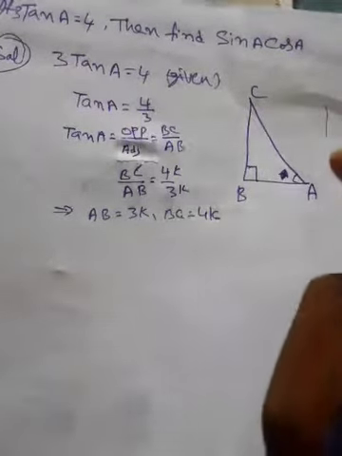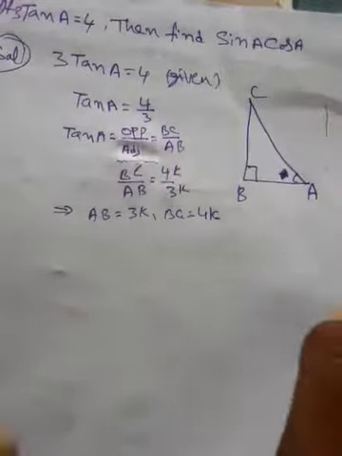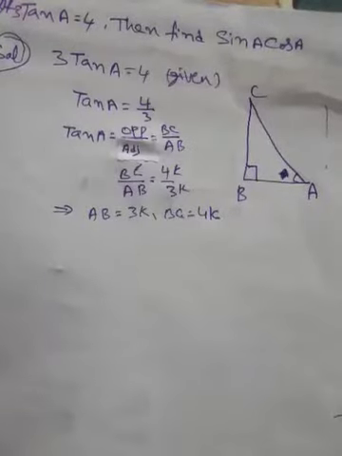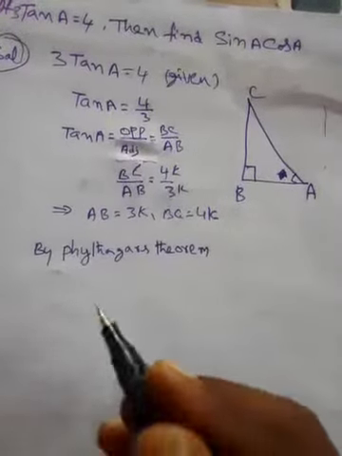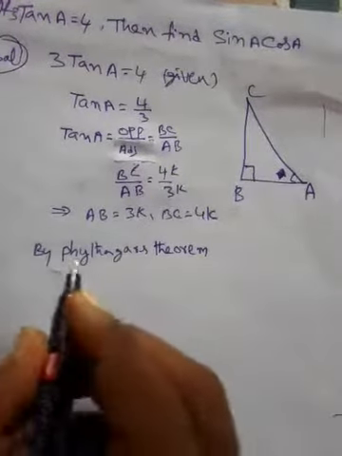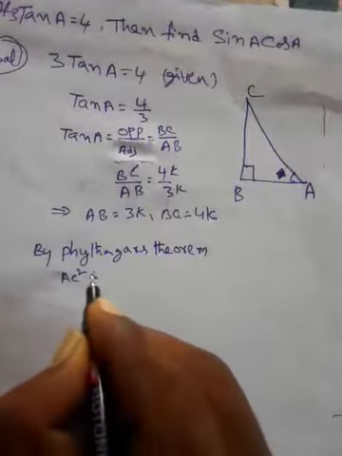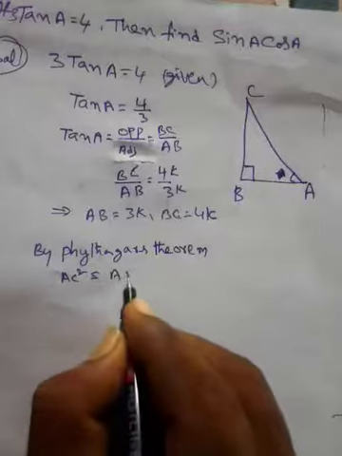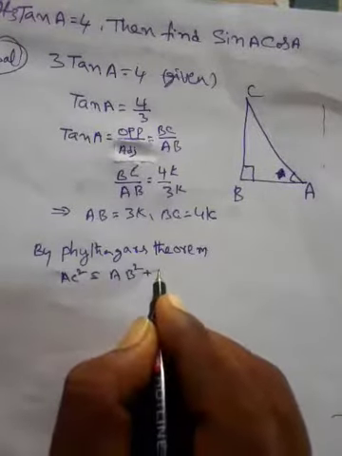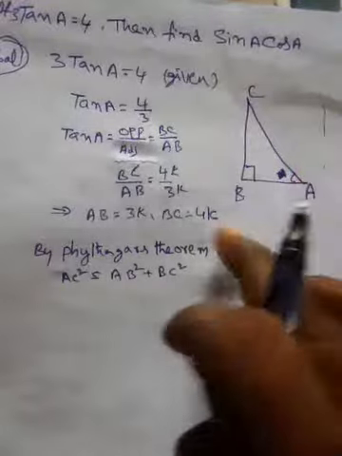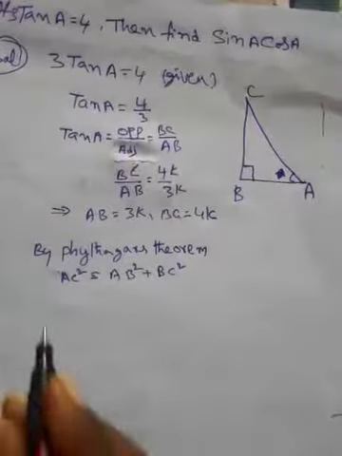We know two sides of the triangle. We will find AC, the hypotenuse. For this, we apply the Pythagoras theorem. By Pythagoras theorem, AC square equals AB square plus BC square.